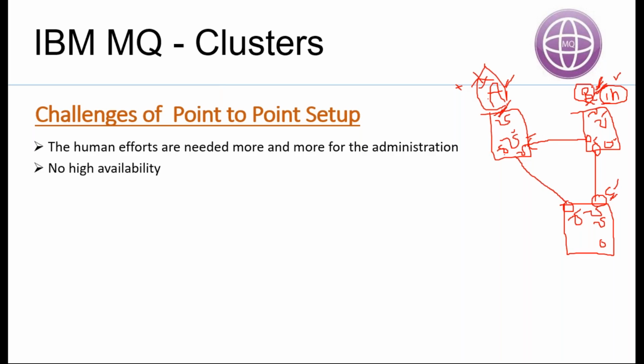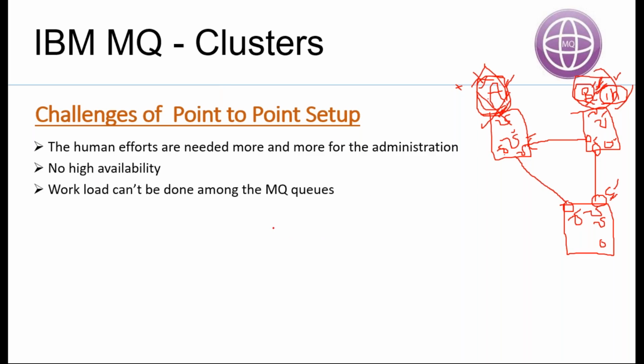But there is no problem in B. The problem is somewhere else, but it is impacting here. So this is another challenge in the point-to-point setup. If something is down, that's it. There is no other way that the receiving application can receive the messages.